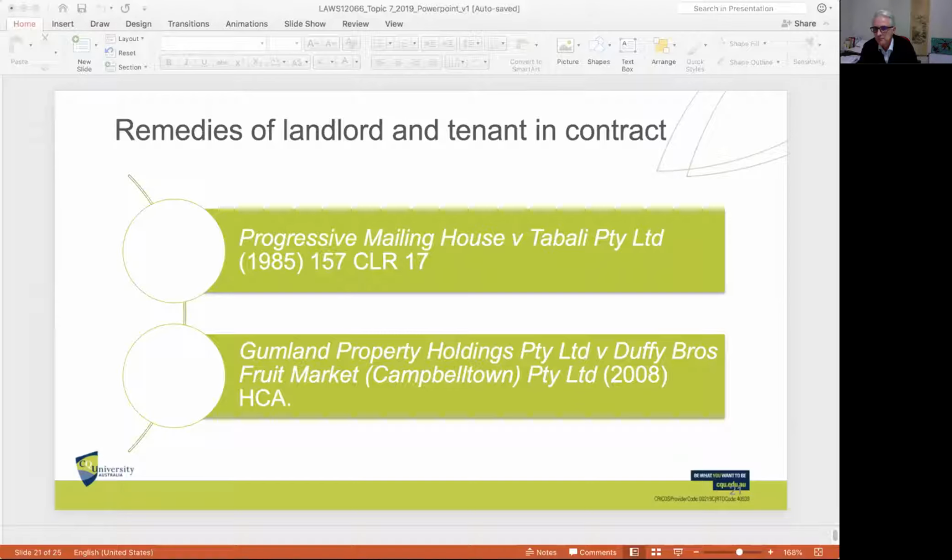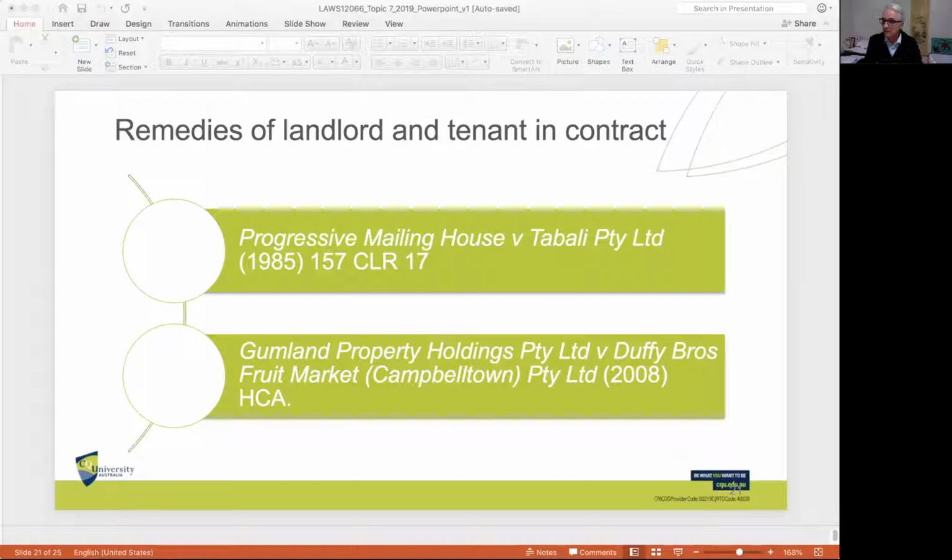And we can see that we can talk about action for damages for breach of covenants under the lease, for example. We can also seek action to stop or prevent covenant of the lease from being breached, and that could be either side, both either the landlord or the tenant, okay?